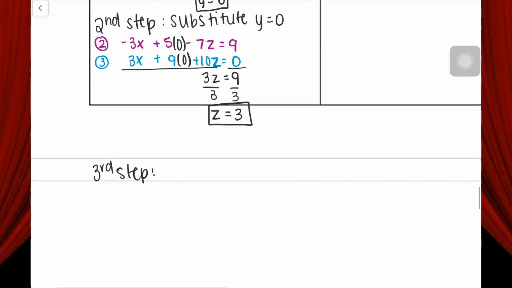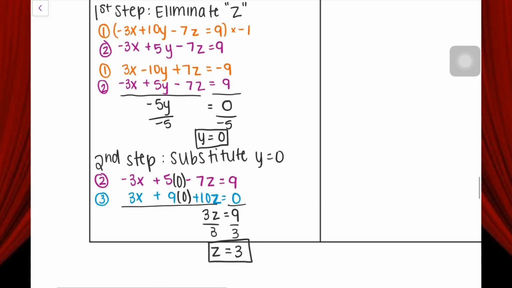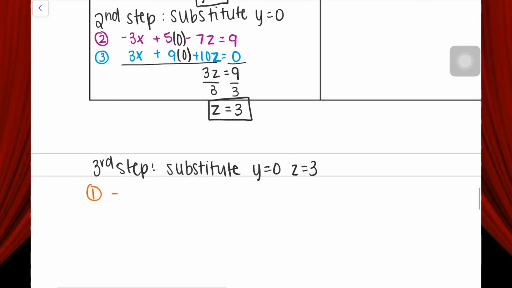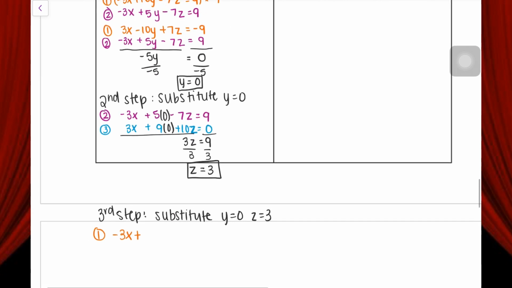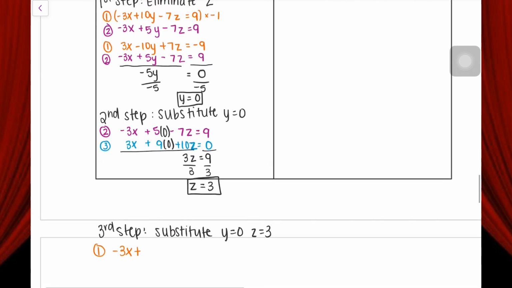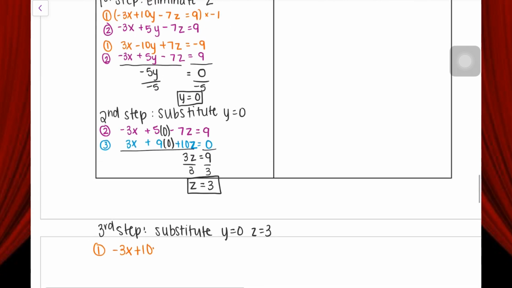So my third step is to substitute y equals 0 and z equals 3. So using my first equation to substitute, my first equation was negative 3x plus 10y minus 7z equals 9.